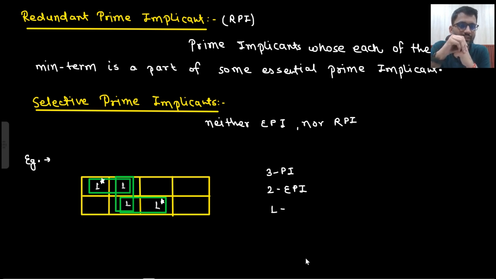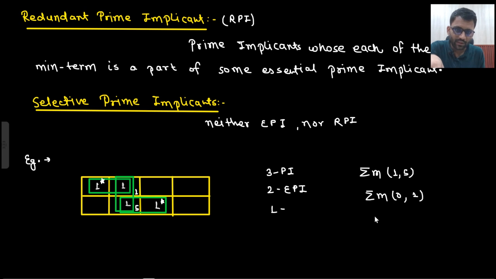So what do you think? This is the group, no? 0, 1, 2, 3, 4, 5. So the group is 1, 5. Other groups are 0, 1. Other groups are 5, 7.